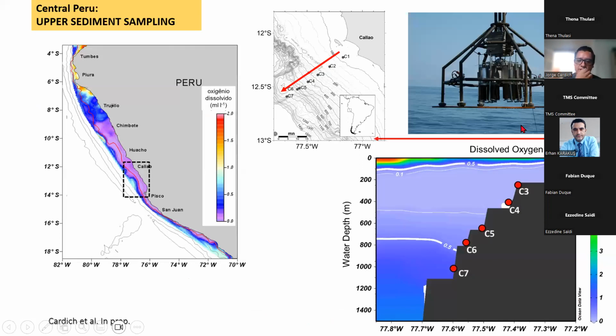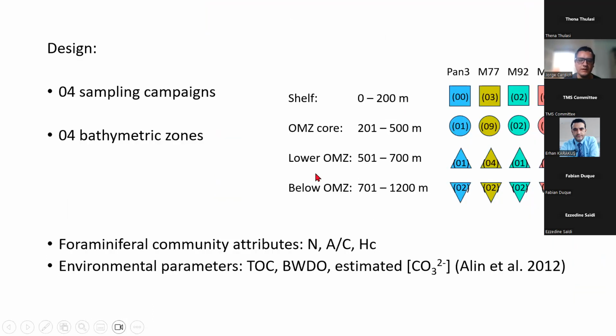So just very quickly, all these foraminifera samples were retrieved using a multi-core, again, from the coast, that's around 70 meters of depth, to depths around 1,000. The deepest sample is 1,200 meters. So the design of this study is as follows.